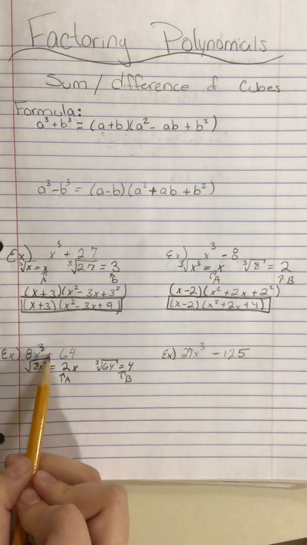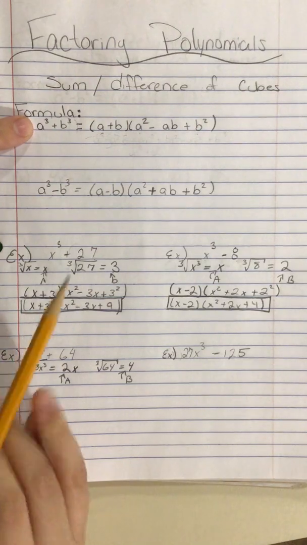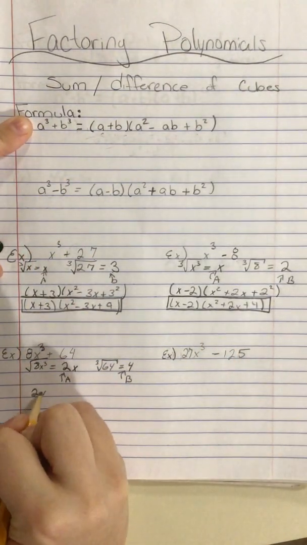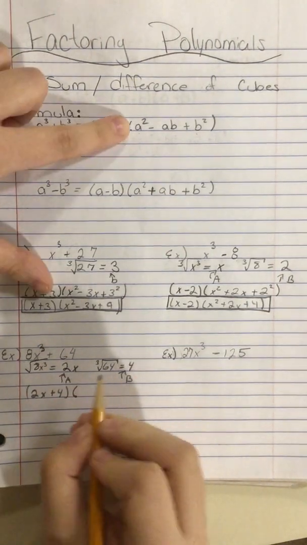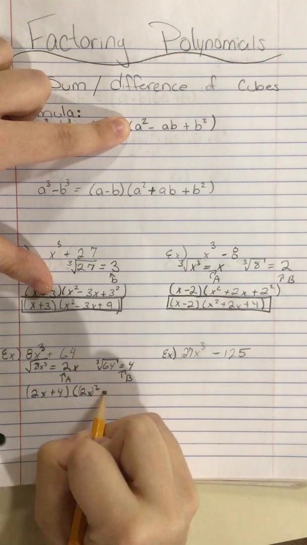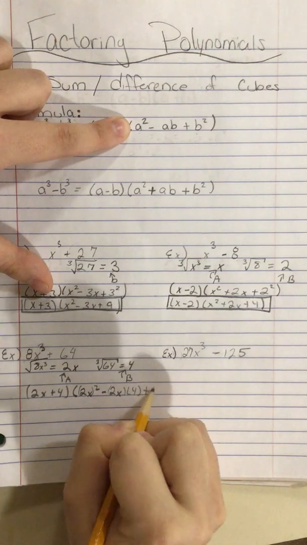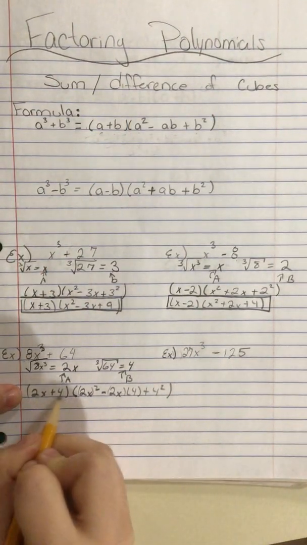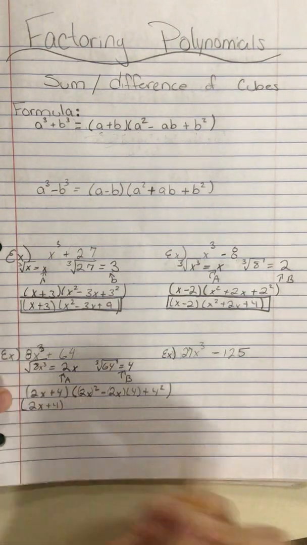So we have the sum of two perfect cubes. So we want to follow this formula way up here. So we have 2x plus 4, times 2x squared minus 2x times 4 plus 4 squared. Okay? So this part right here, we can't simplify that anymore, so we leave that 2x plus 4, bring that down.